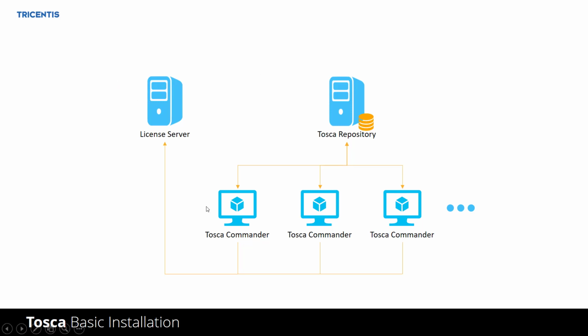And of course, you also need client machines. This might be a physical machine, this might be a virtual machine or Citrix, where you install Tosca Commander for your automation agents. That's a typical customer situation.